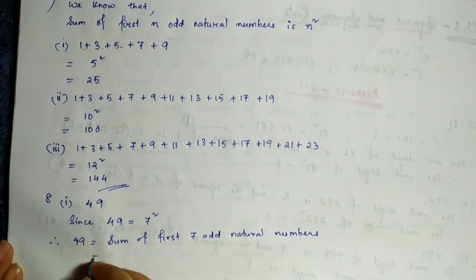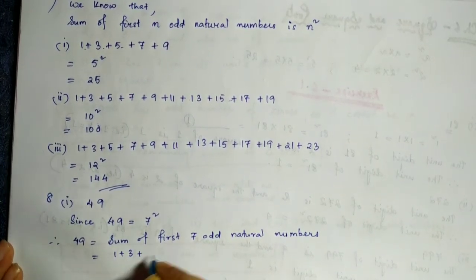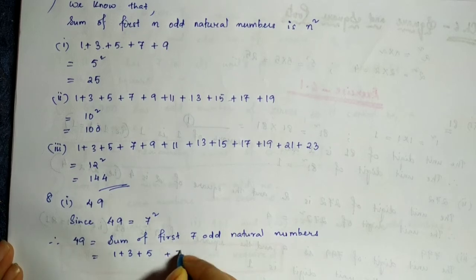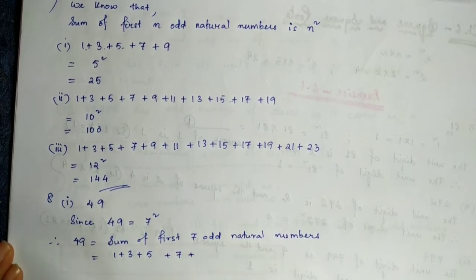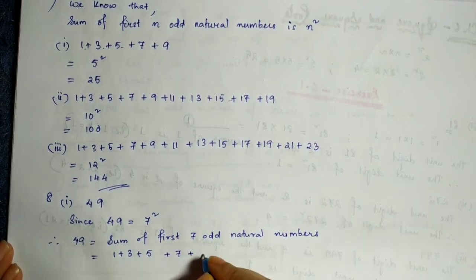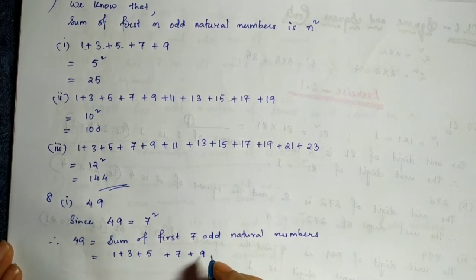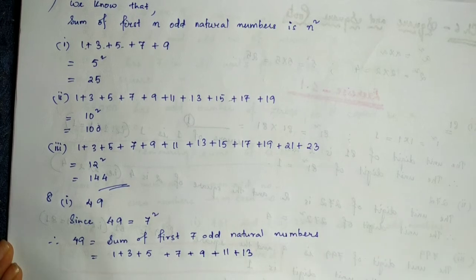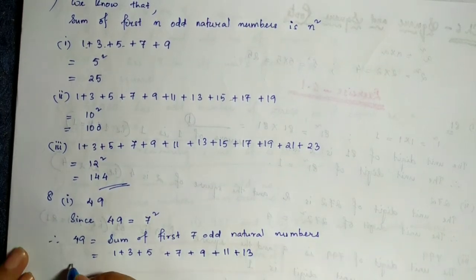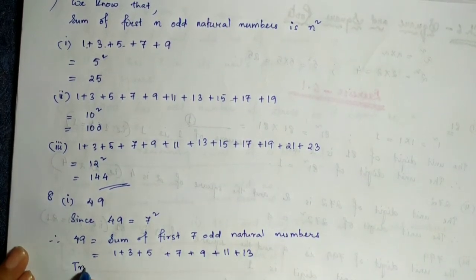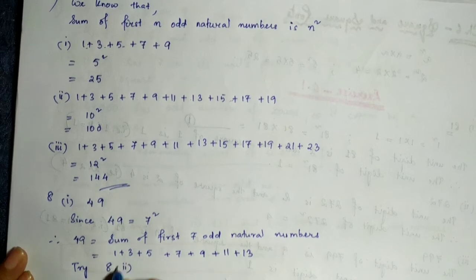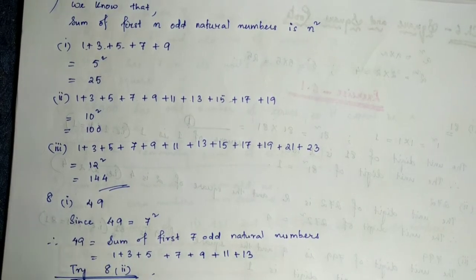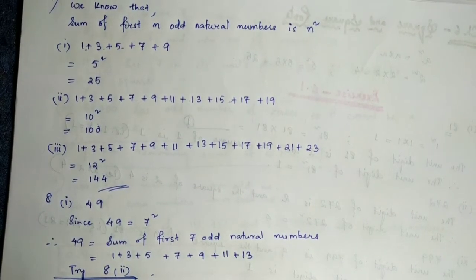We'll start with 1: 1 plus 3 plus 5 plus 7 plus 9 plus 11 plus 13. Okay, so here we have the 7th one. And what will you do? You will try question number 8, part 2. Okay, the same way here we have another number. Okay, so next is question number 9.